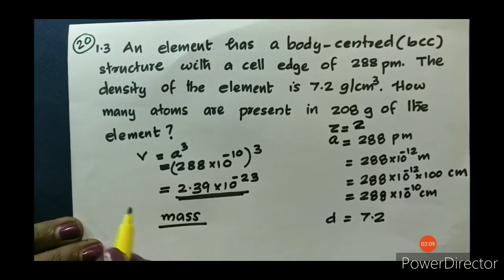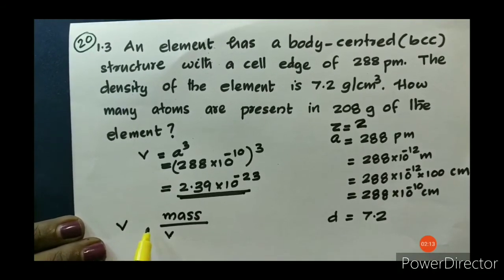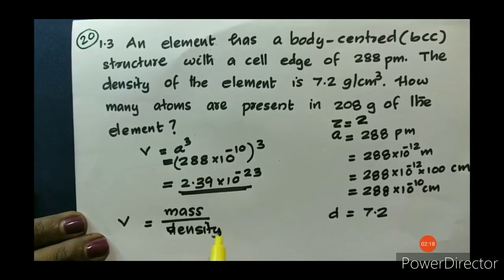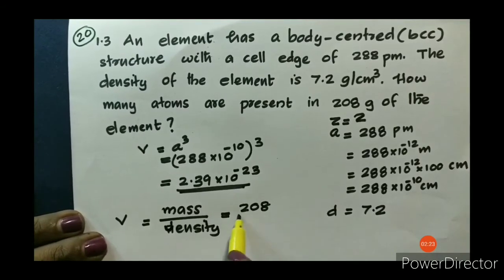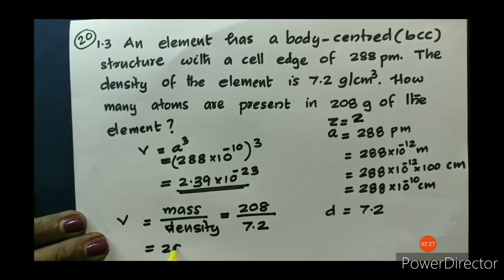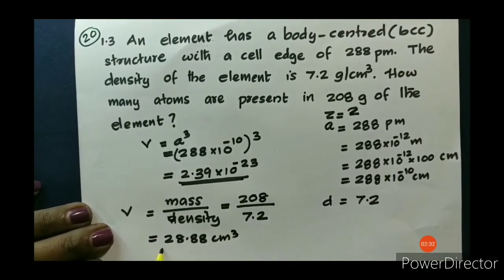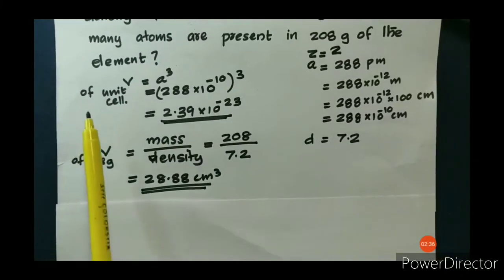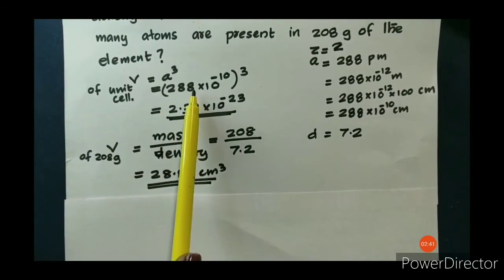Then volume of 208 gram of the element is equal to mass by density, which is equal to 208 gram divided by 7.2 gram per centimeter cube. Then we get 28.88 centimeter cube.